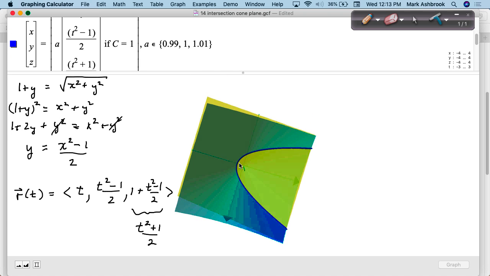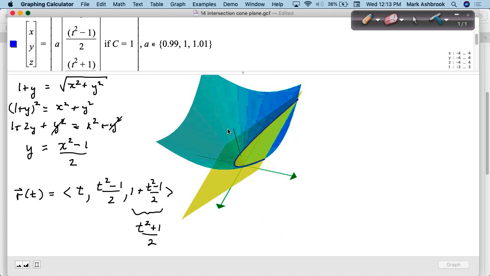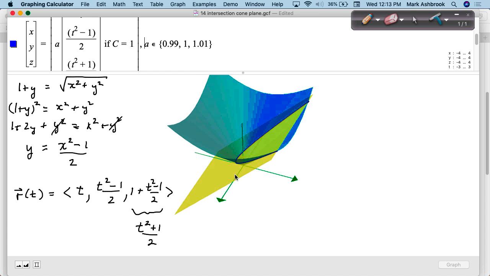Did we get it? Yep. So there it is, the vector function t, t squared minus 1 over 2, t squared plus 1 over 2. That came from bringing those two surface equations together, so it's all the points on both surfaces.